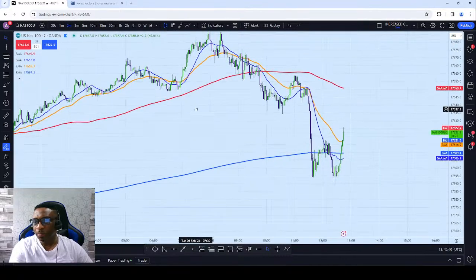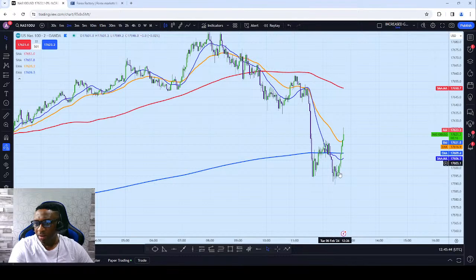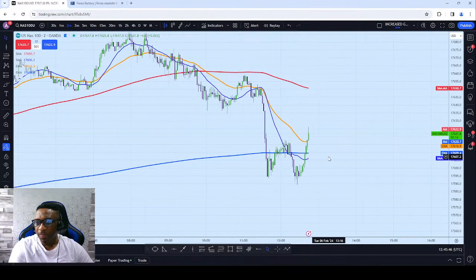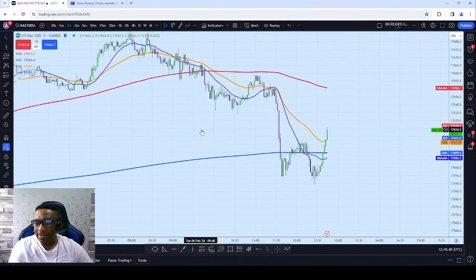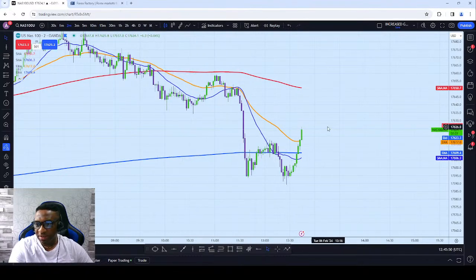This thing almost has left us. Over here, this is the 2-minute time frame. I hope you saw the trade I posted on the charts.